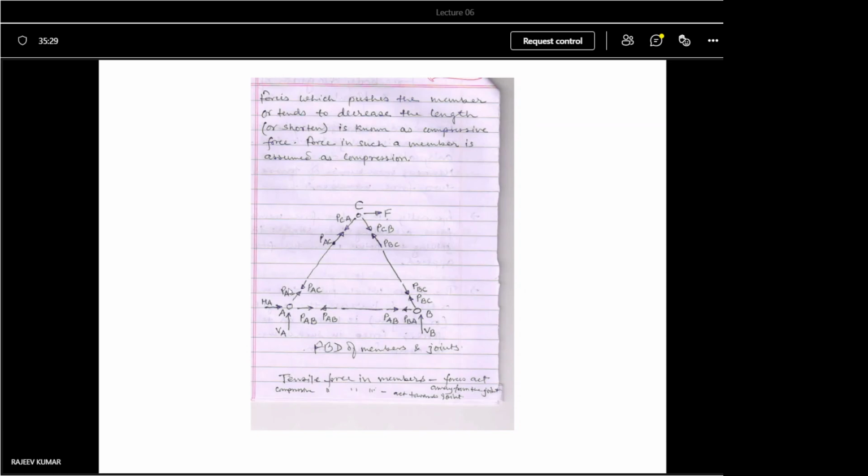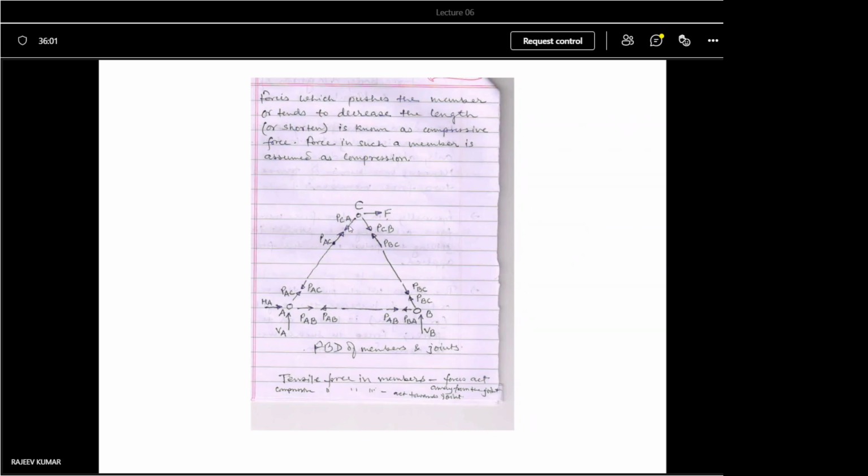So P_AC denotes force from A to C direction, and it is a rod, so it is going in this one direction. At the other point, imagine, from C force is going in the A direction. So P_CA: starting point C, going towards A. So from point C force CA will act.